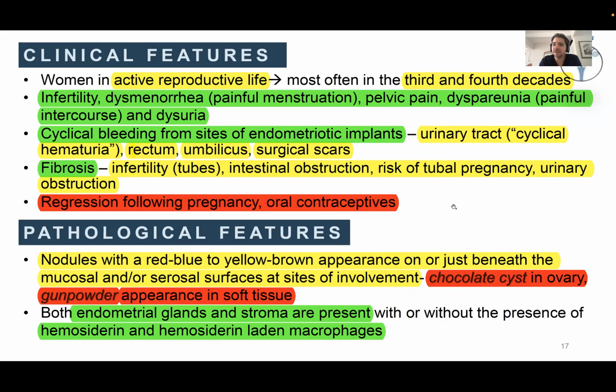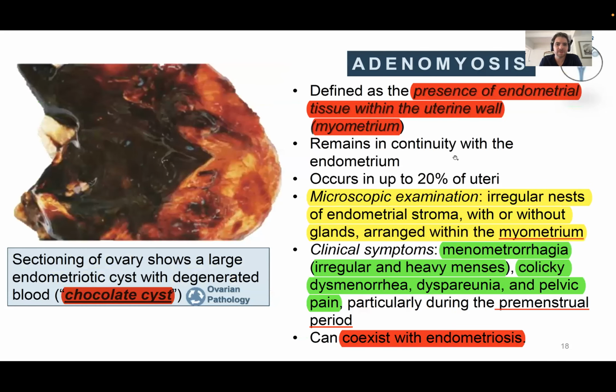And again, because it's endometrial tissue, it is responsive to estrogen, so you may get pain where the ovaries are, in the lower abdomen to the side, around ovulation, right? Because of the growth and the ovarian rupture as well, follicular rupture.